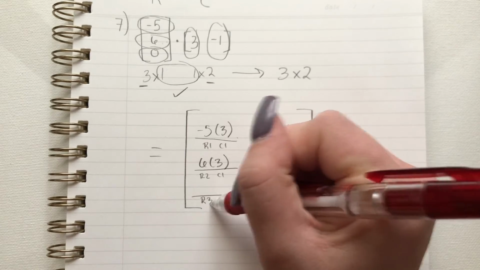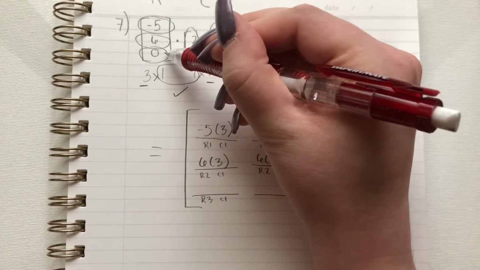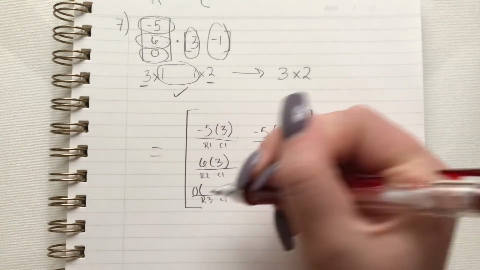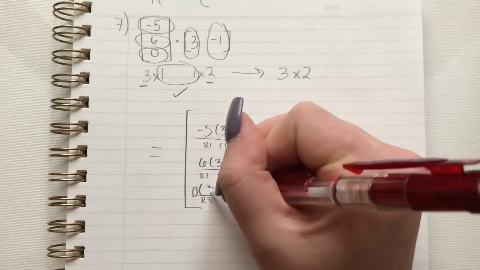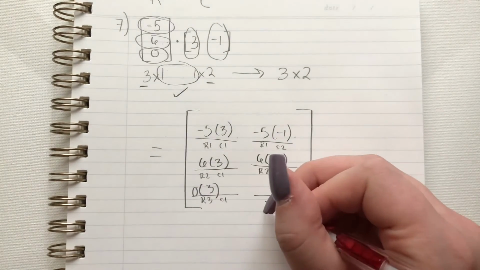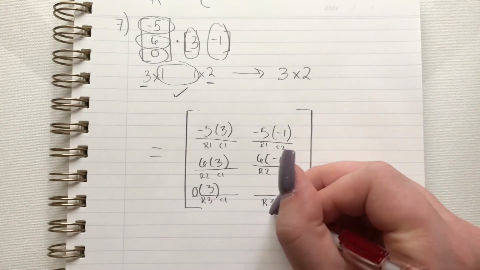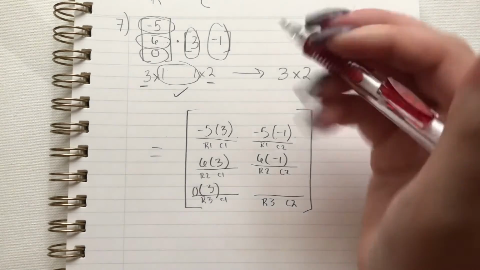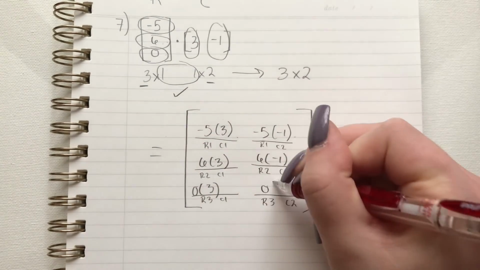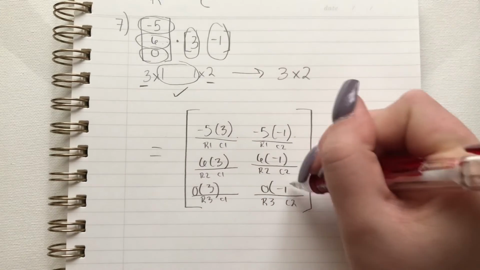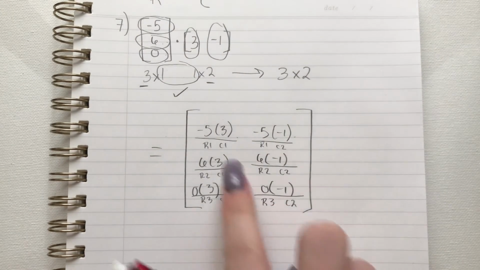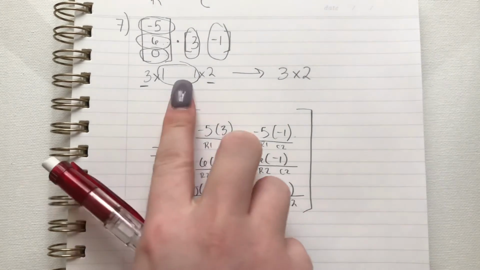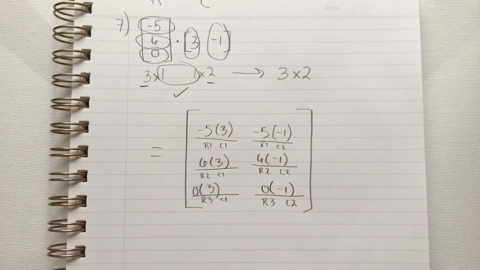Here is row 3, column 1, so that's going to be this third row, 0, times column 1, which is 3. And then over here, finally, we're still in the third row. We are in column 2, so that is 0 times -1. So look, there's only 1 product on each blank, like this number we circled suggests.